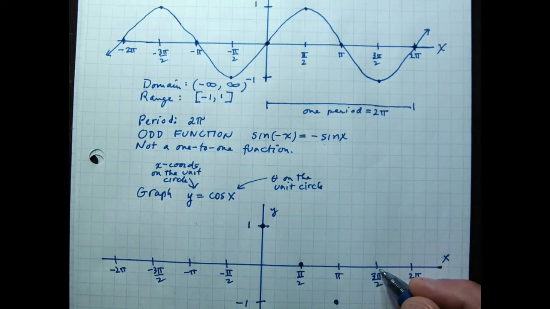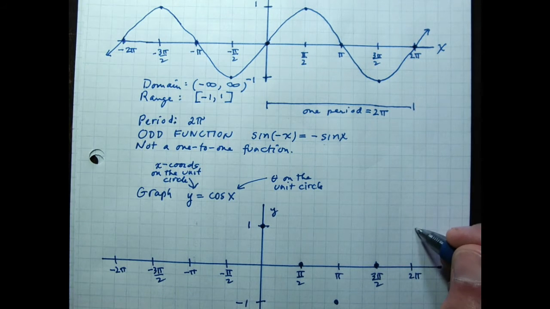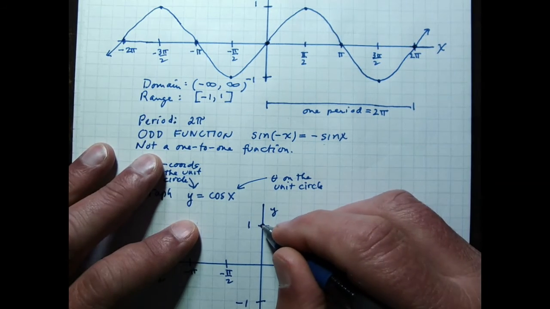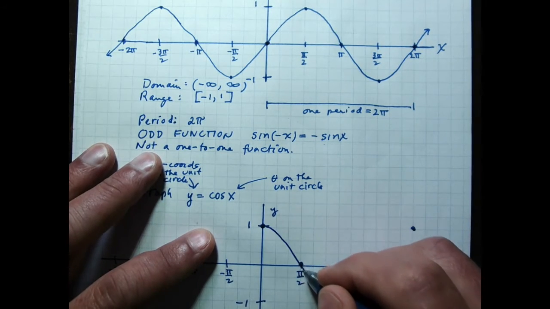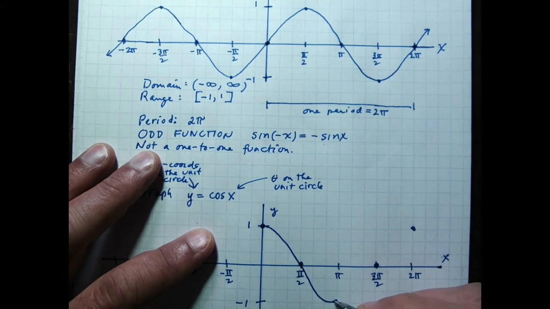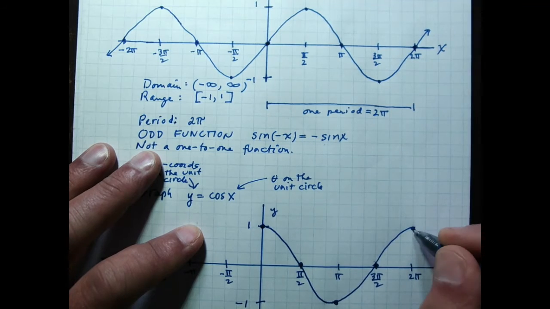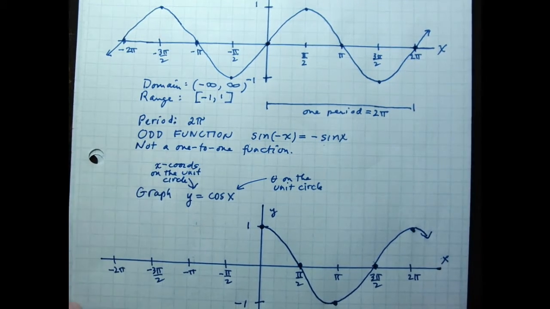And the cosine of 3 pi over 2 is 0. The cosine of 2 pi is 1. I go 1, 0, -1, 0, 1, and that pattern continues.